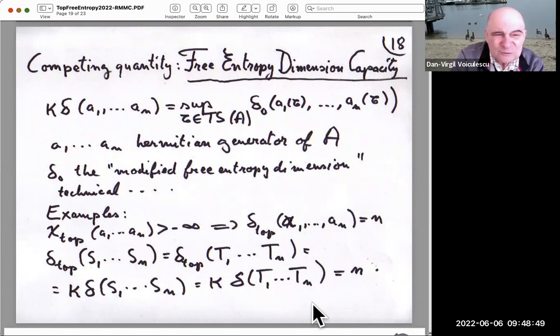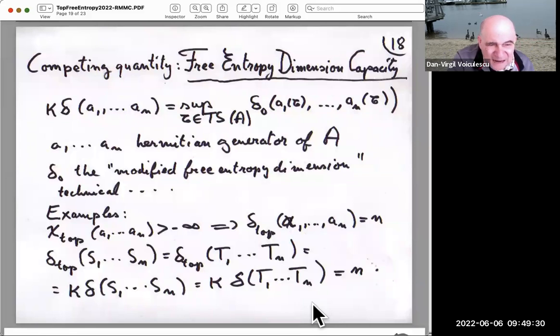Namely, one takes the supremum of these free entropy dimensions of A1, An with tau. So one takes a trace state tau over A, one represents A1, An in a von Neumann algebra, it has now a trace state. One takes the free entropy dimension there, and one does the supremum over all these trace states. And here one uses a little technical modification. I won't overuse it. It's delta naught, called modified free entropy dimension.